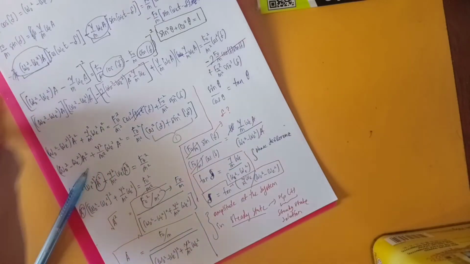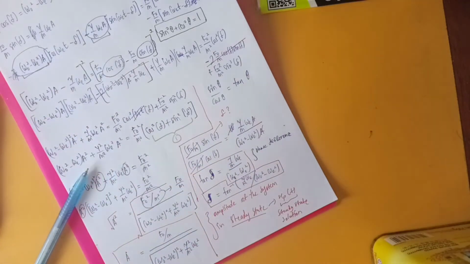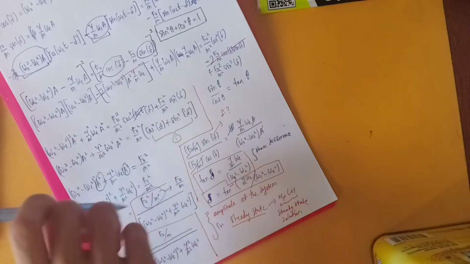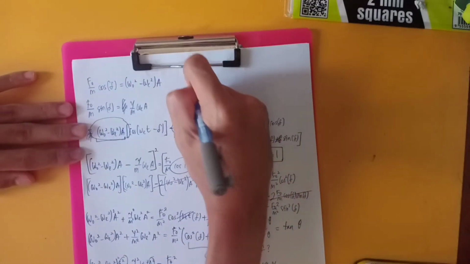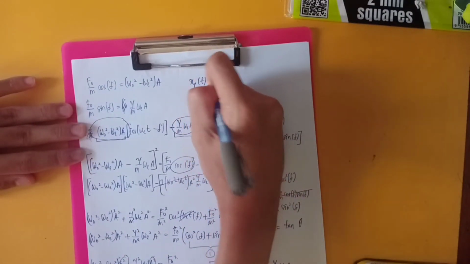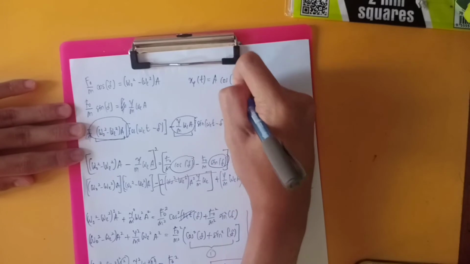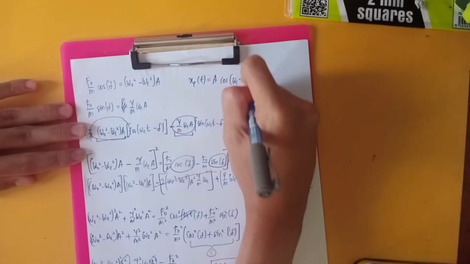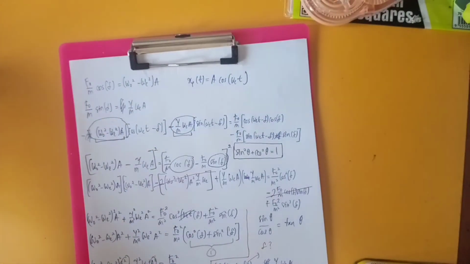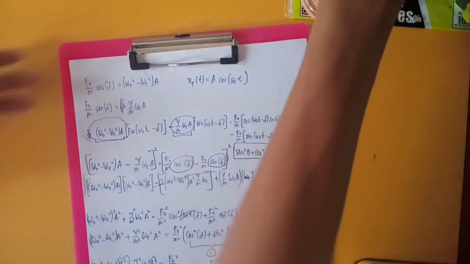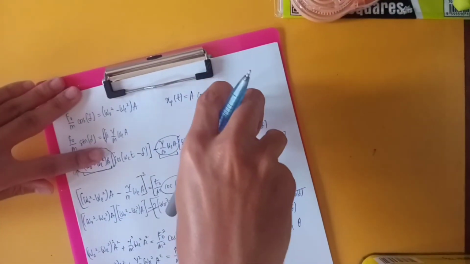Right. So now let's look back to the displacement equation here. We know that the particular solution, which is x_p(t), is equal to A cos(omega E t minus delta). Right, so it should be minus delta.